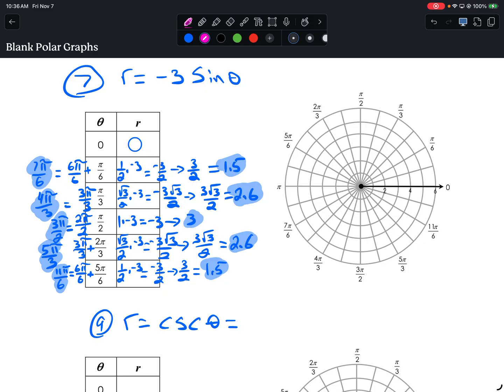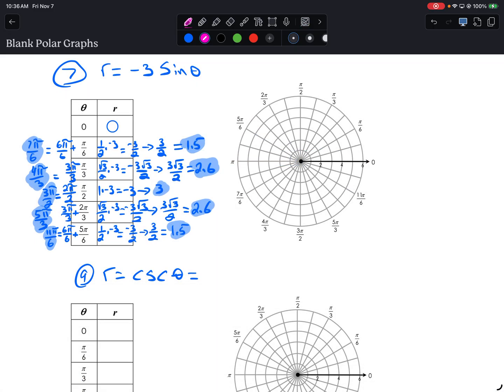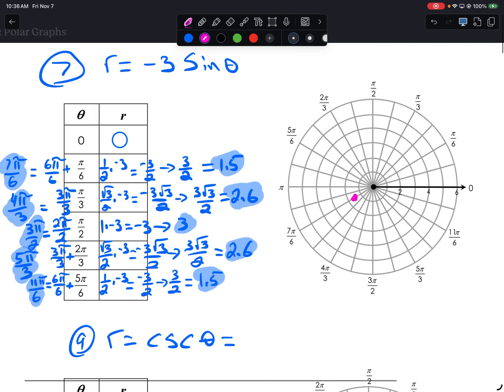So first ordered pair, I go 7 pi over 6, and I'm at 1.5. So I'm in between the first and second ring, 1.5. Right there. Then I have 4 pi over 3, I have 2.6.